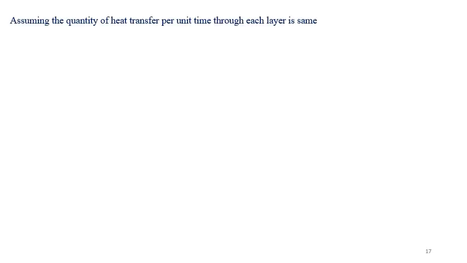Now, for the composite wall, we considered the heat transfer assuming the quantity of heat transfer per unit time through each layer is the same. The same thing we are going to consider.